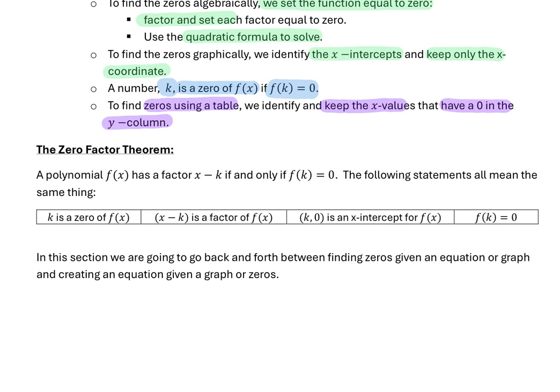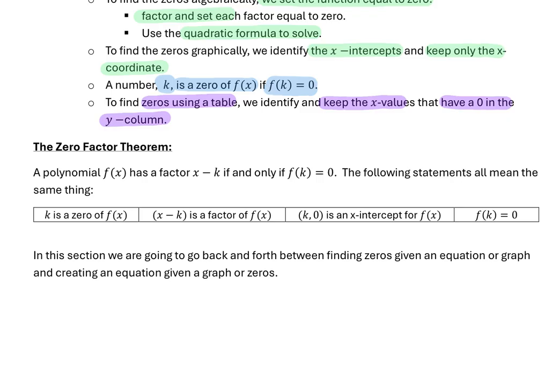The thing we do want to talk about is something new, and it's technically not new. We've been playing around with it for quite a while, but it's called the zero factor theorem. The zero factor theorem says that for a polynomial, x minus k is a factor if and only if f of k is equal to 0.